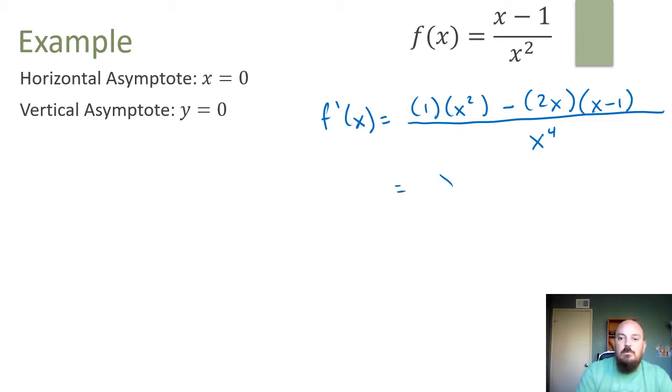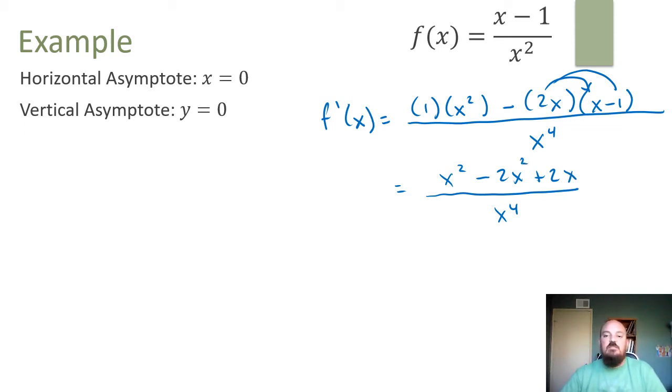So if we clean this up a little bit, we have x squared minus 2x squared plus 2x, all over x to the 4th. So what we end up with is negative x squared plus 2x over x to the 4th.